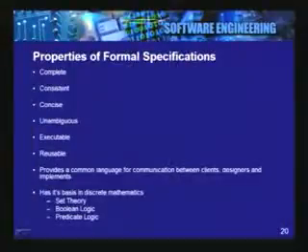Executable is an important property, and this forms the basis of transformational development that we talked about a few minutes ago. Essentially a lot of the specifications written in the languages that we just saw, Larch, Z, VDM and so on, are directly executable. What does that mean? It means that designs can be generated from these specification documents.